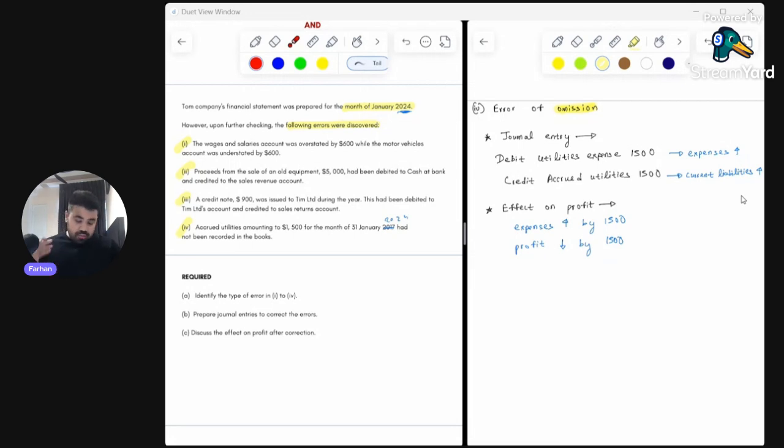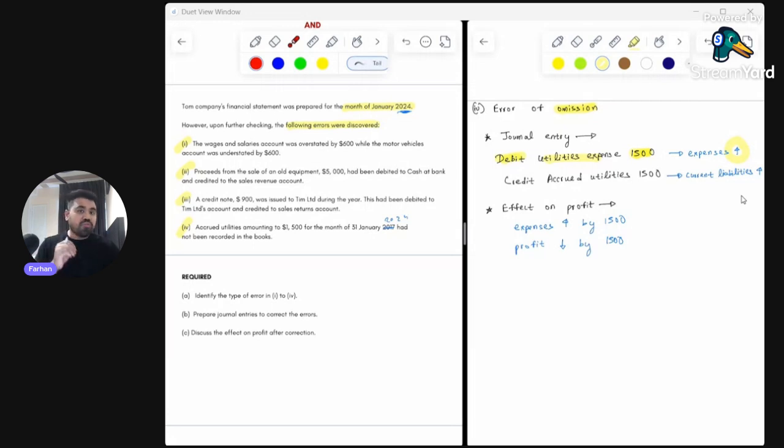Now, it's pretty straightforward. If you want to prepare the journal entry to fix this, we know we had an utilities expense. Now that we have to increase our expenses, when we increase our expenses, we debit them. So we will debit utilities expense by $1,500, which is basically reflecting the fact that expenses are increasing in value. And at the same time, we know it is accrued.